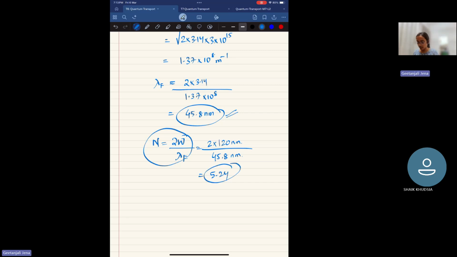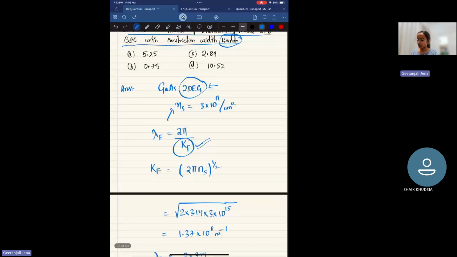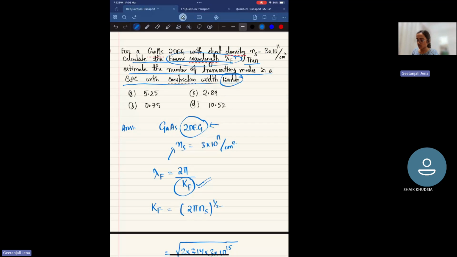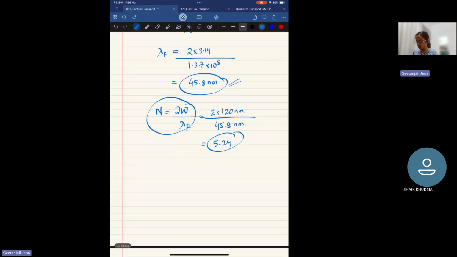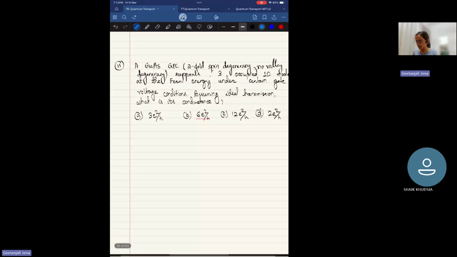Yes, the numbers are correct. So that means the number of modes is option A. So is it clear? Should I move to the next problem?